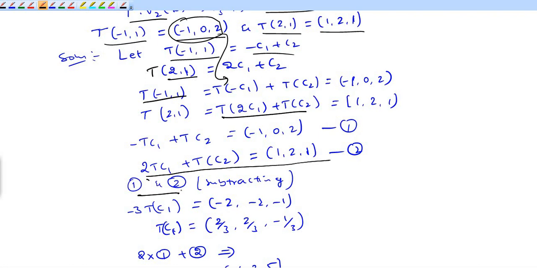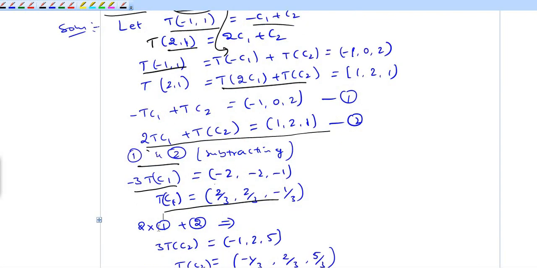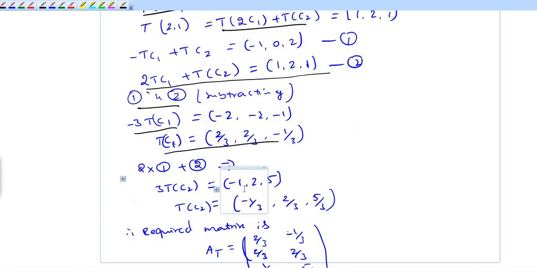Now if we subtract equation 1 from equation 2, we get 3 T of c1 is equal to (2, 1, -1), so T of c1 is equal to (2/3, 1/3, -1/3). Similarly, multiply equation 1 by 2 and add with equation 2, so that c1 cancels, and we get 3 T of c2 is equal to (-1, 2, 5).